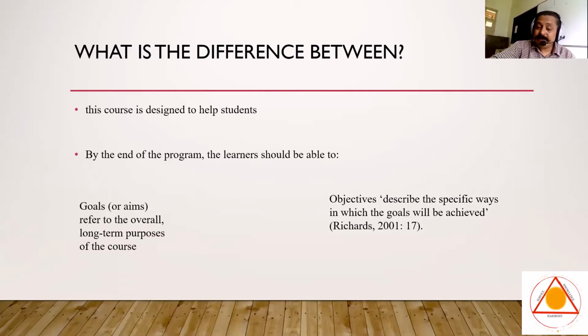So the difference between a goal and objective is very clear. The goal paints the overall picture, whereas the objective gives you specifications of how you are going to achieve your goal. Take another example. You want to become an IAS officer. That's an overall goal.